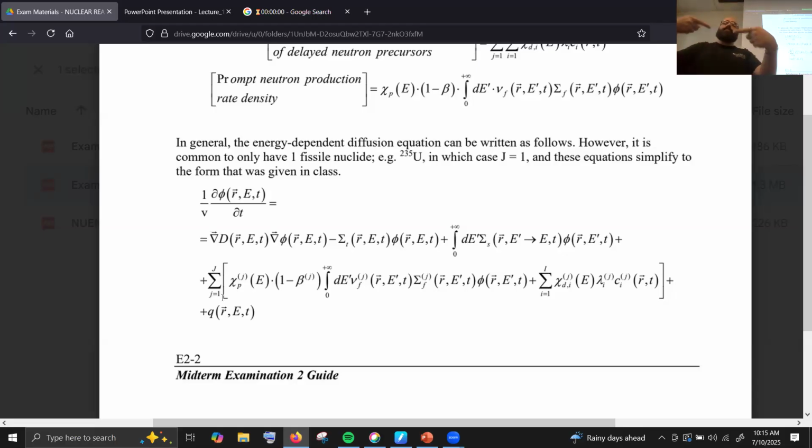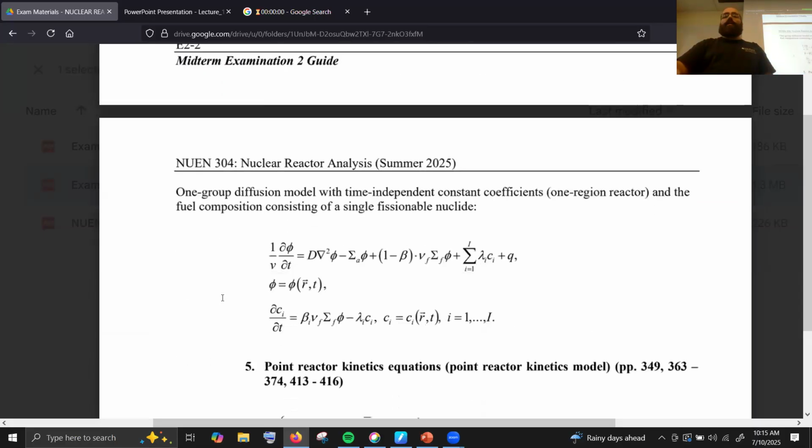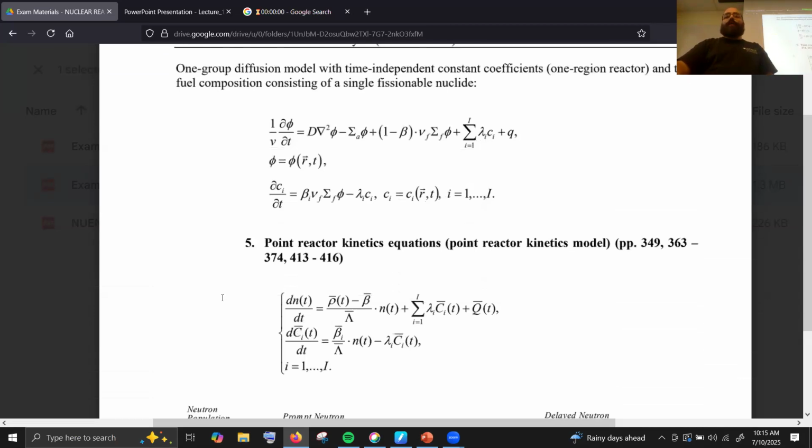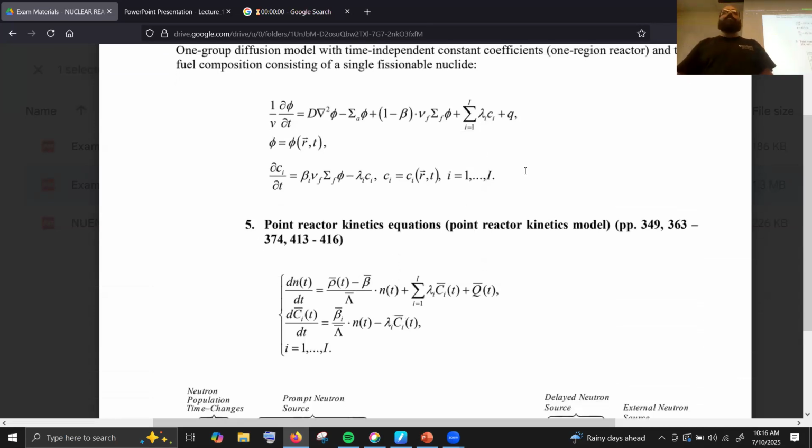That would give you the equations that I showed you in class. We basically wrote a diffusion equation that included delayed neutrons, and we used this diffusion equation to derive the point reactor kinetics equations.